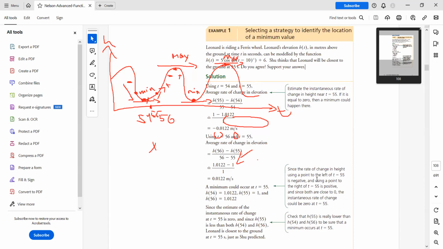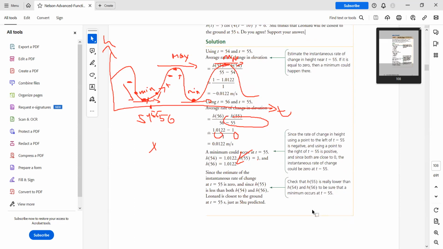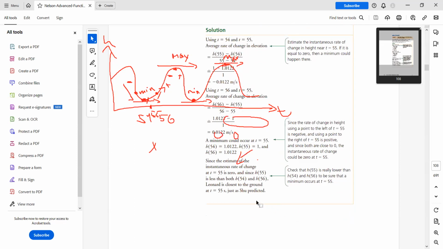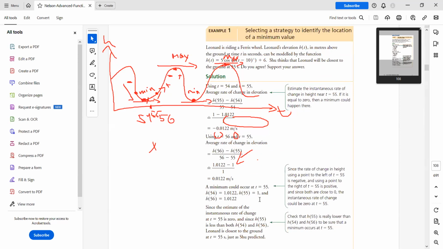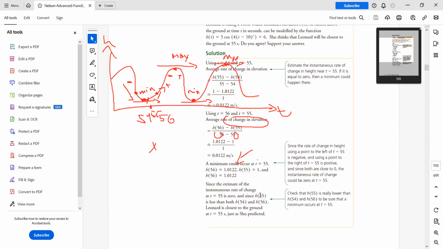Since the estimate of the instantaneous rate of change at 55 seconds is zero, and since the height at 55 seconds is less than both at 54 and 56 seconds, the leopard is closest to the ground at 55 seconds, just as Shu predicted. So again, we're using the properties of local minimum and maximum to solve real-life problems.